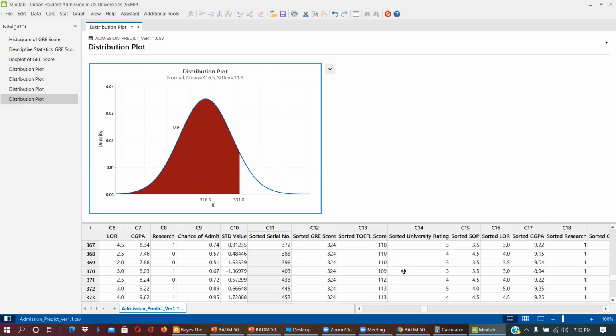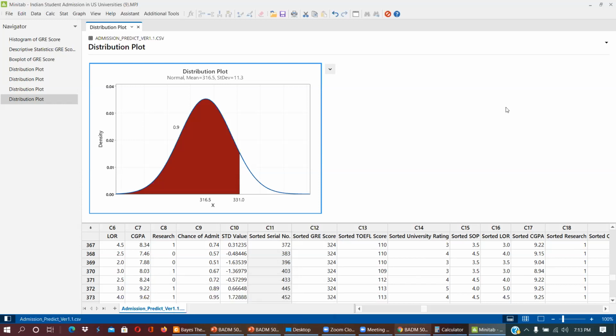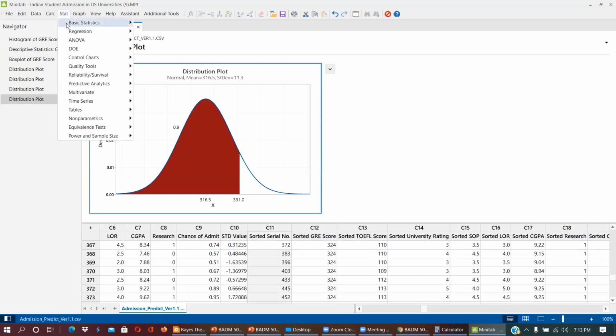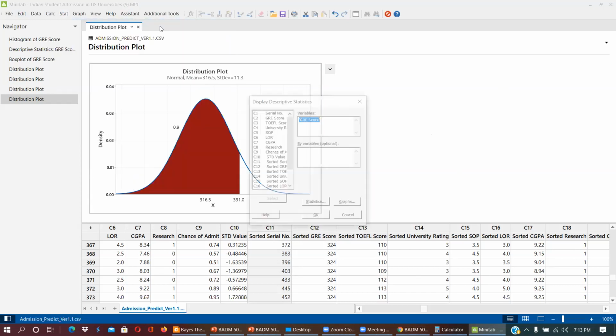I think this is what I wanted to cover this week, and the assignment, quiz, everything is right there. Any question do you have related to this chapter? All the calculations can be done using only one thing, which is basic statistics, descriptive statistics.